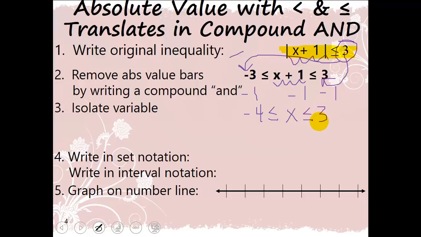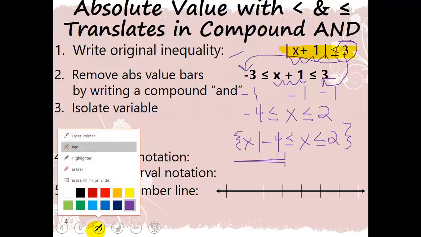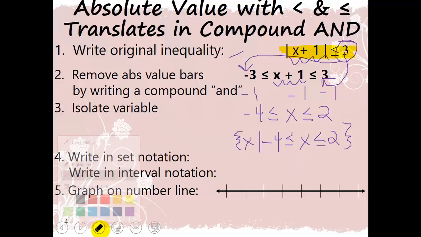There's my solution. Set notation is all x's such that negative 4 is less than or equal to x is less than or equal to 3. Oops, that should not be 3. Silly me. Hope you caught that. That should be 2. In interval notation, my smallest value is negative 4.